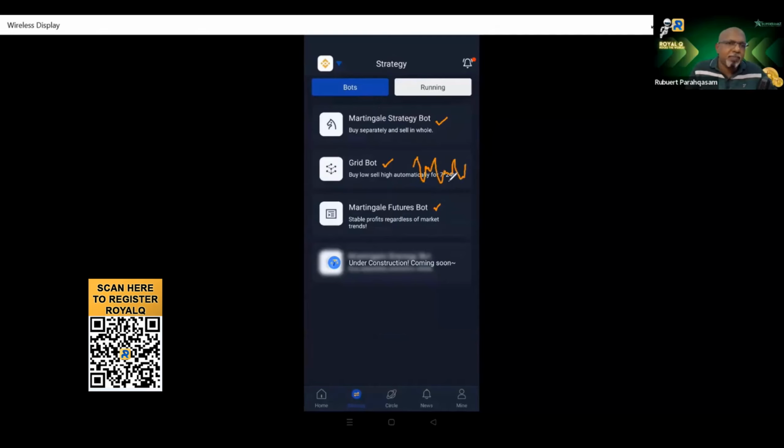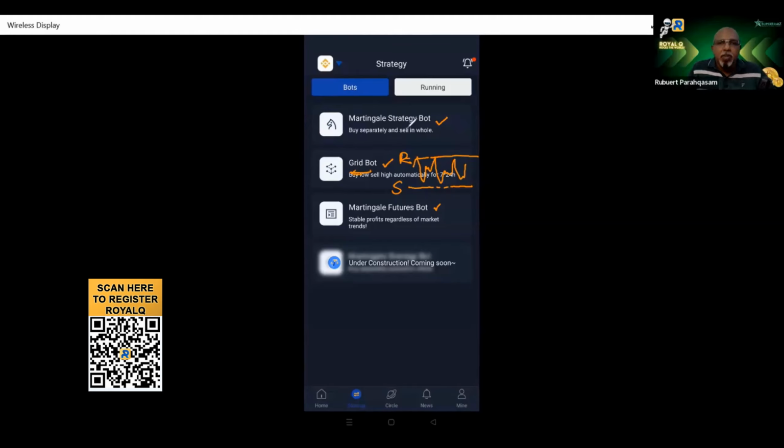What's a ranging market? The market is moving between a support and a resistance. That's where we use the grid bot. A sideways market, a side trend, or a ranging market.